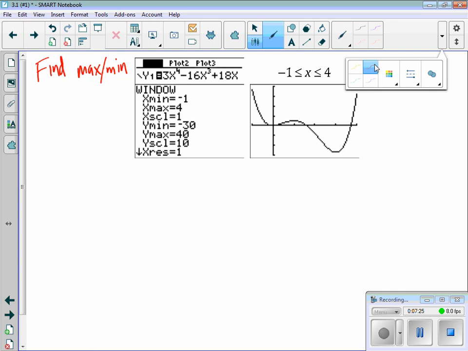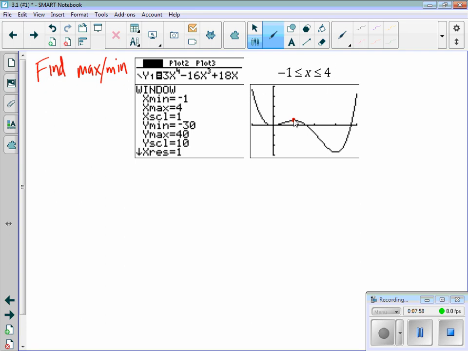Okay, so just looking at this graph, where is there a local max? Right here, right? Local max. Is that an absolute max? Is that at the absolute highest y value of this graph? No. There's higher spots over here and higher spots over here. So we are only going from -1 to 4. Okay? This isn't something where we have arrows on the end. It's just going from -1 to 4.